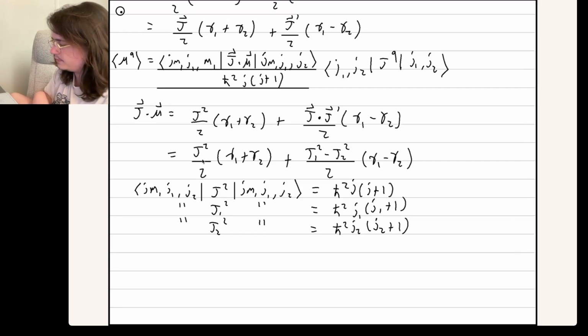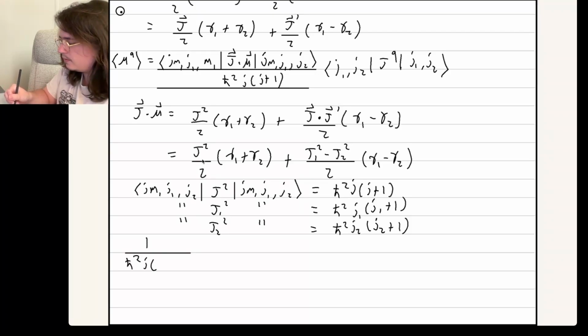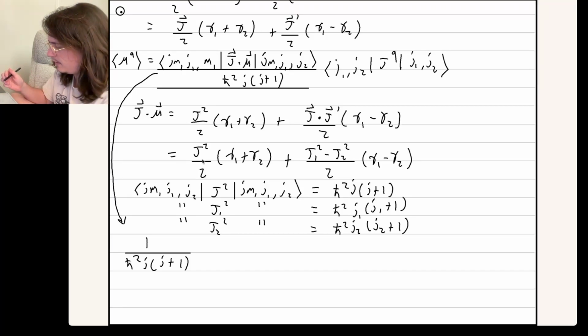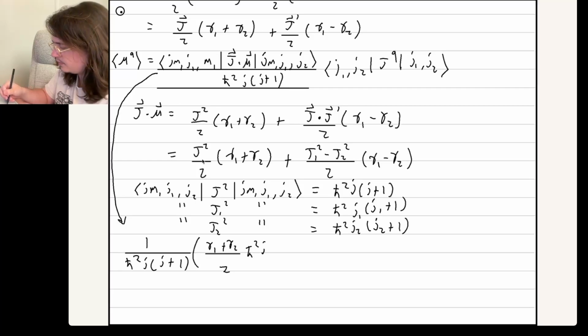we'll bring out a 1 over h bar squared j times j plus 1 over here. Evaluating this, you'll have gamma 1 plus gamma 2 over 2 times h bar squared j times j plus 1.